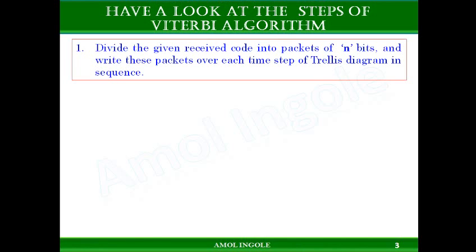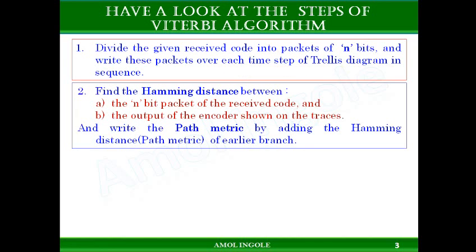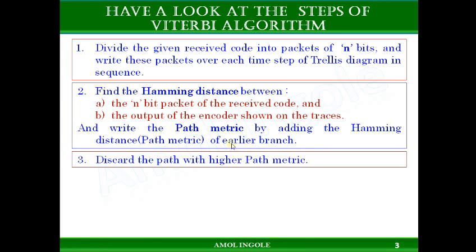Let's have a look at the steps of Viterbi algorithm, which we discussed in earlier video. First step is divide the given received sequence in packets of n bits and write those packets over the trellis diagram. The second step is finding the Hamming distance between the n-bit packet and the output of the encoder, and then finding the path metric by adding the Hamming distance of earlier branch.